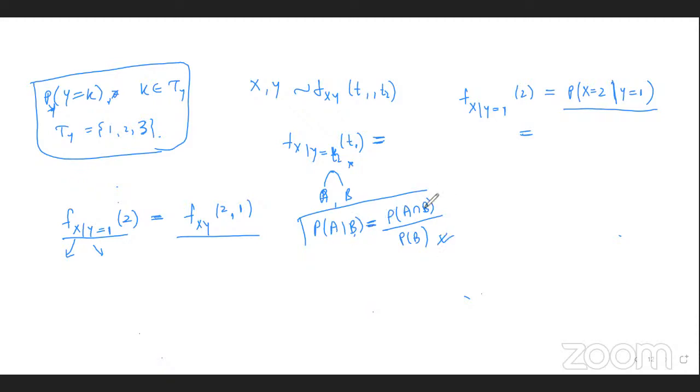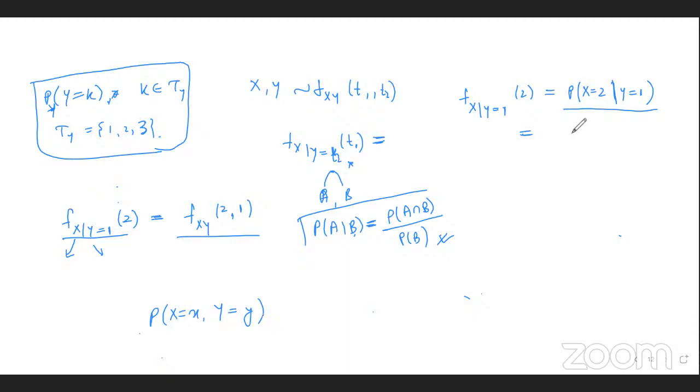And in the numerator, the probability of both the events occurring together. That is what we write. So if I write probability of x equals small x and y equals small y, it means you have to find the probability of both occurring together. So this is nothing but the joint probability, joint distribution, right?